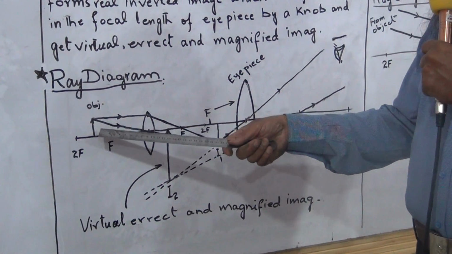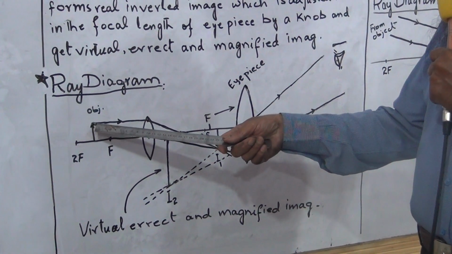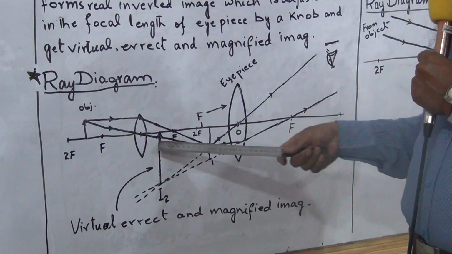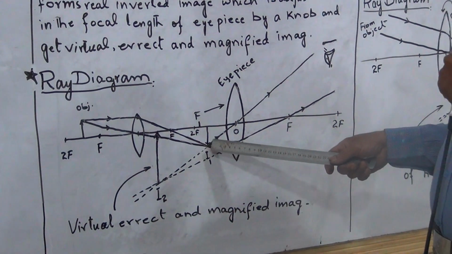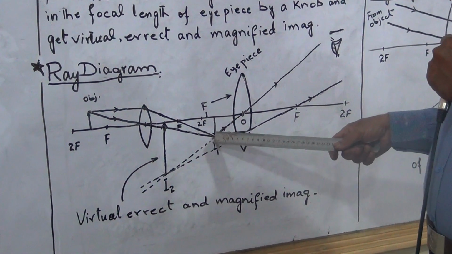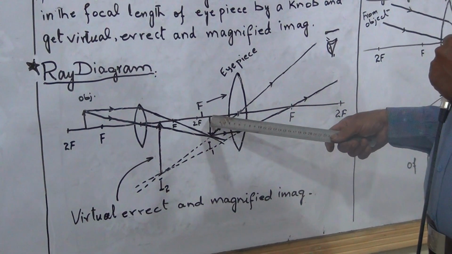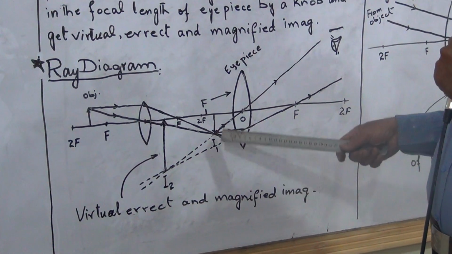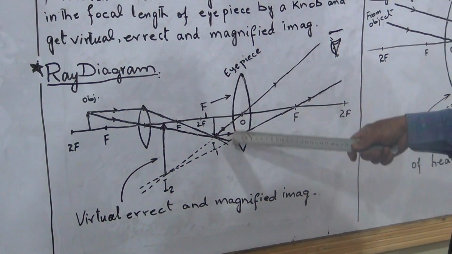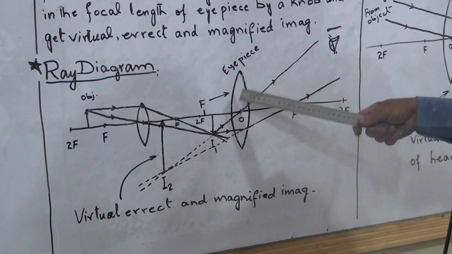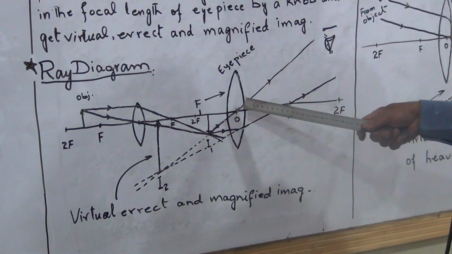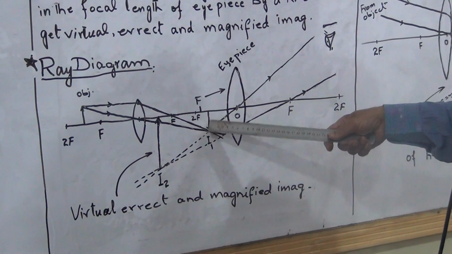Likewise, we will take two rays, one parallel to the principal axis and the other passing through the optical center. Both the rays intersect each other and a real inverted image is formed, named I1. Now this image is obtained by focusing the eyepiece within the focal length of the eyepiece.